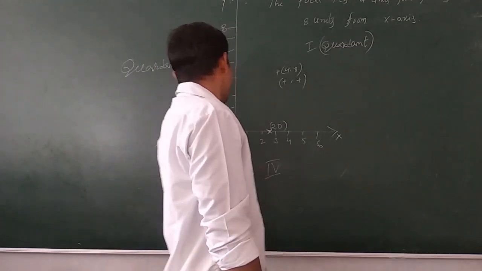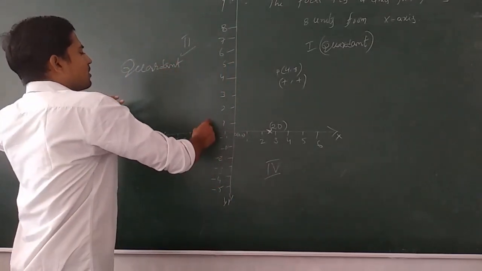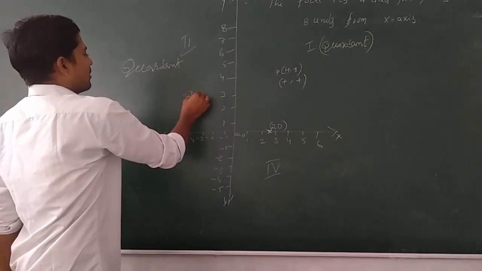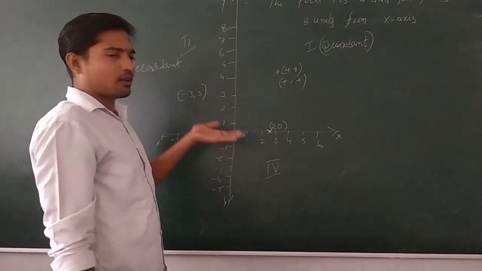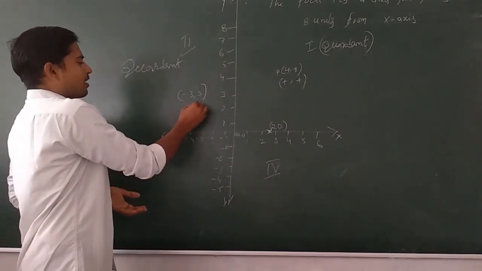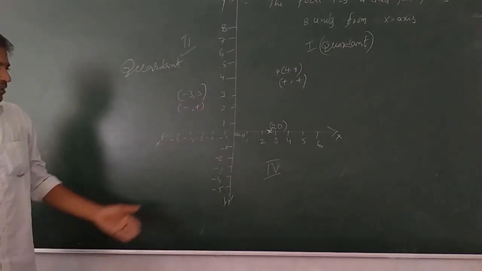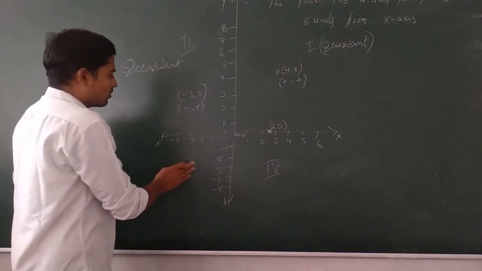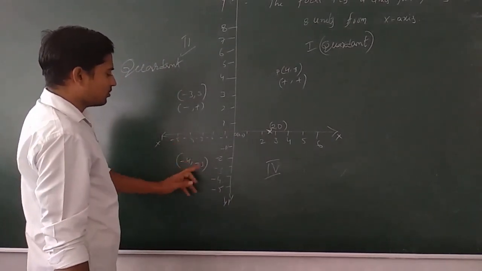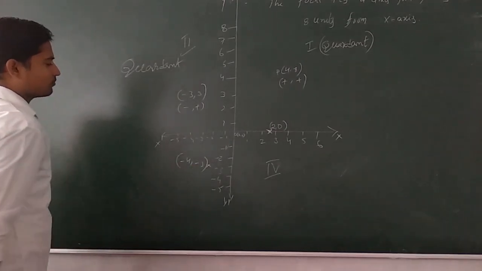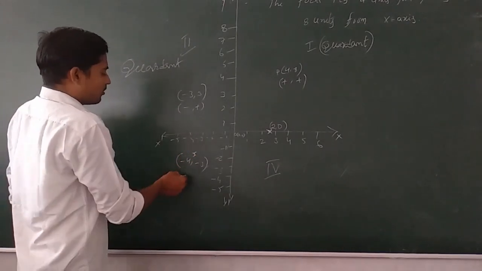So if I take any point here, suppose (-3, 3), (-4, 3), that means minus, plus. If I take any point here, (-4, -3), here both are negative.